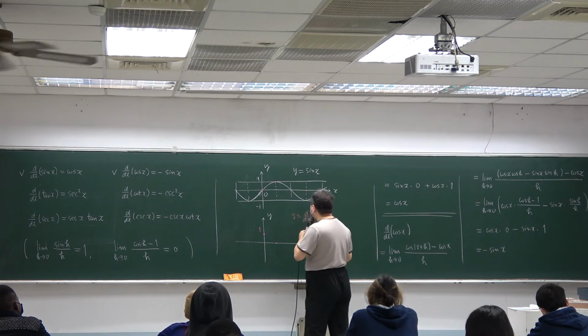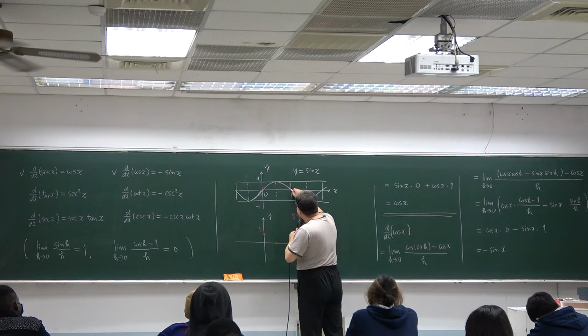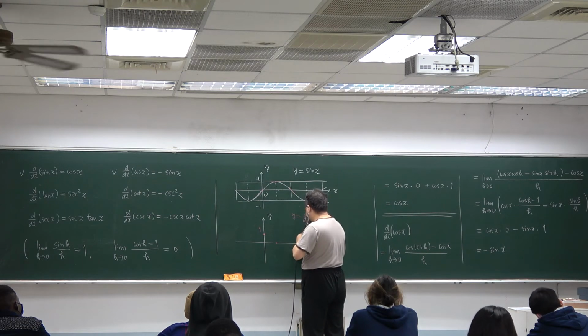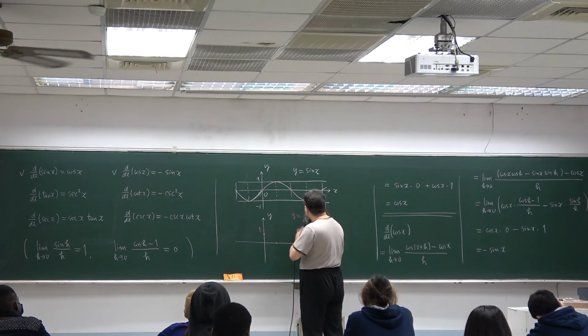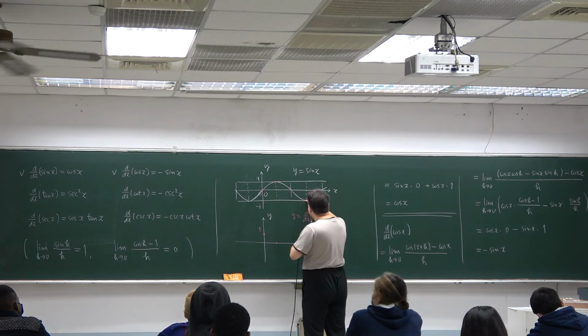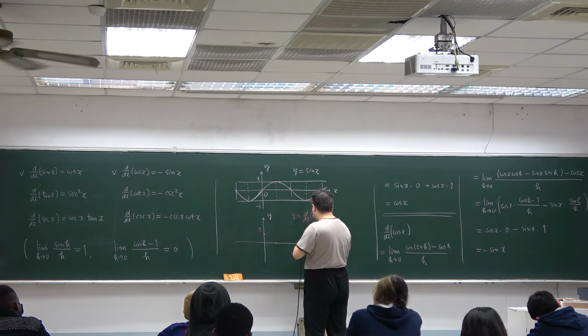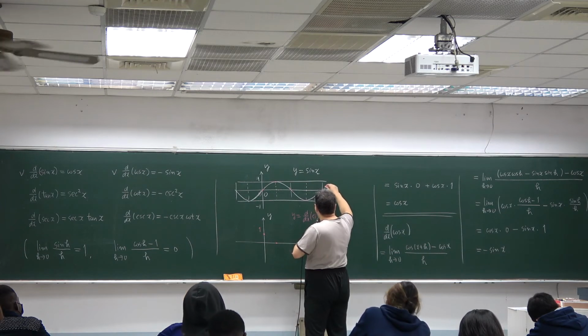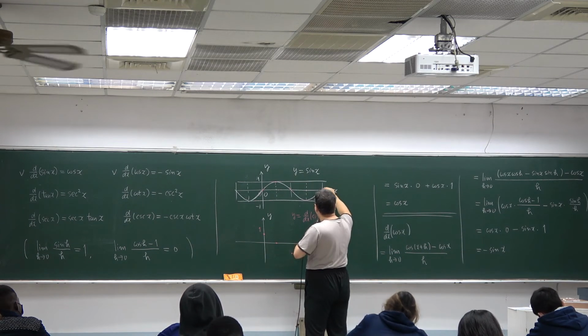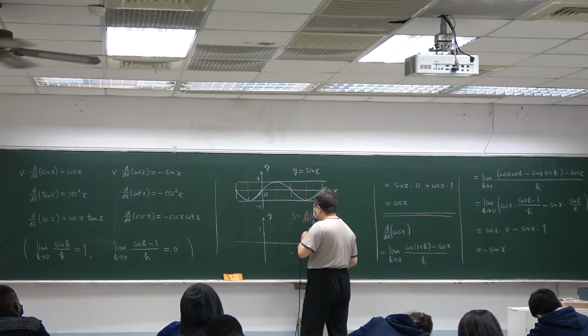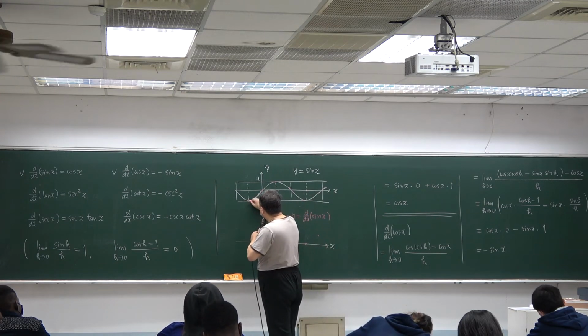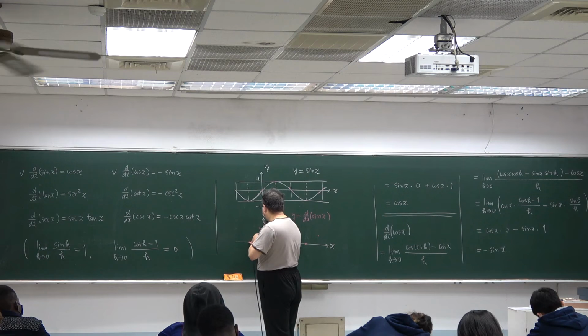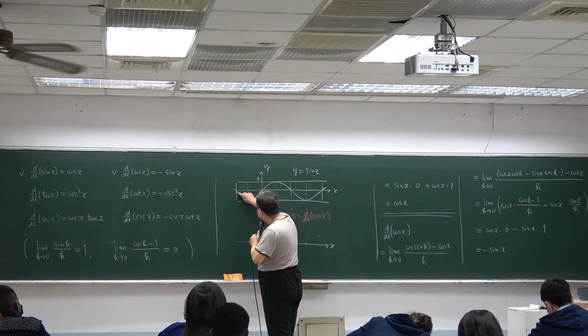At pi, the slope is minus 1. Then here is 0. Here is 1. Here is 0. The slope is 0. Slope is minus 1.